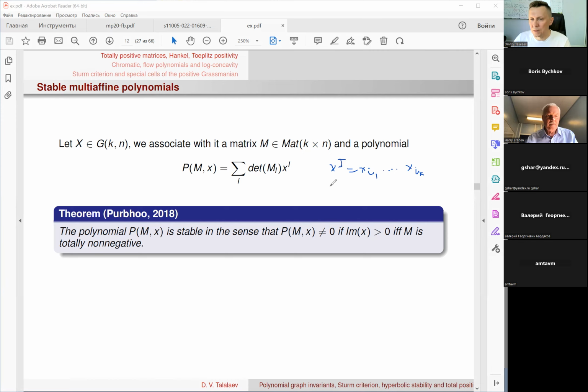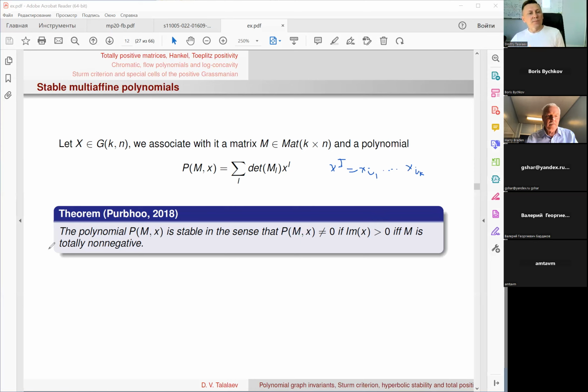So x is a vector in n-dimensional space. Yes. And here you have, no, now I understand. That is a monomial made from this one. It's a homogeneous polynomial of order k on the space of dimension n.